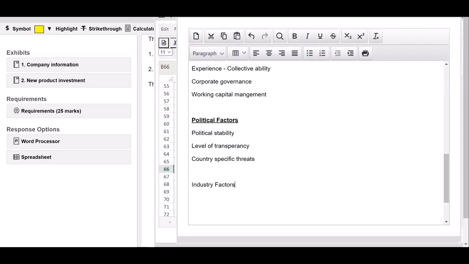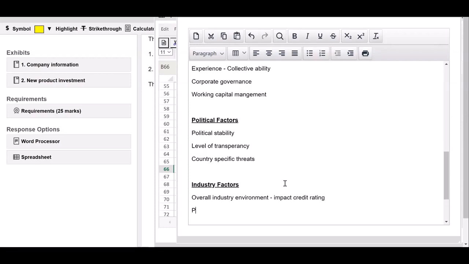Now, as far as the industry factors are concerned, it's about the overall industry environment, and all these are going to impact the credit rating.